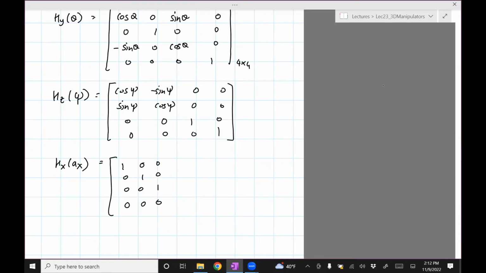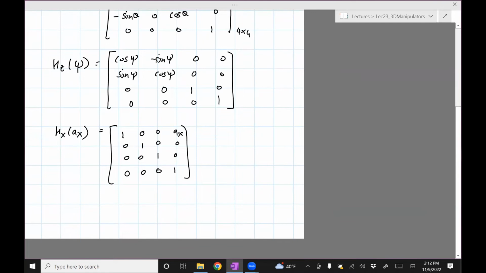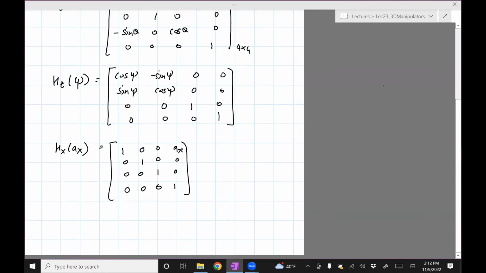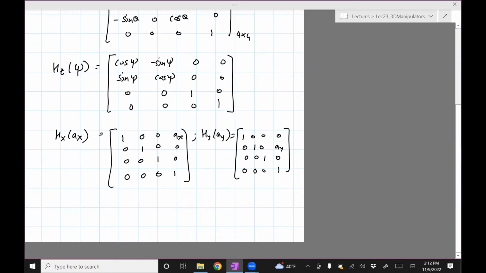And then corresponding to the motion of the frame, we'll have ax, 0, 0, 1. And similarly, we can write hy ay, which will be 1, 0, 0, 0, 1, 0, 0, 0, 0, and then 0, ay, 0, 1, corresponding to motion along the y-axis.